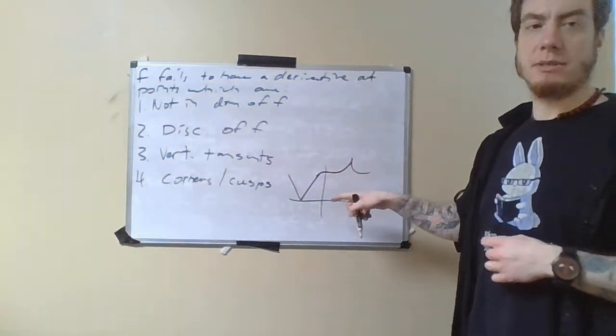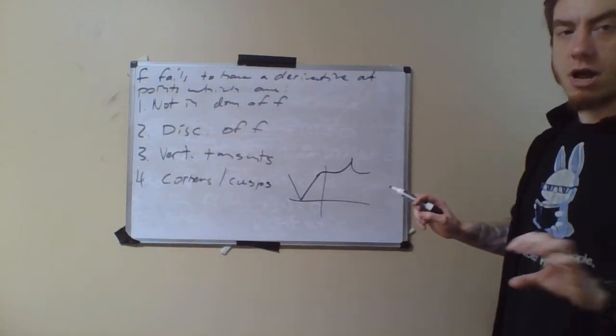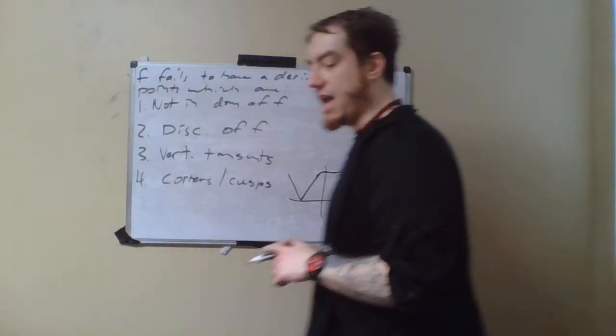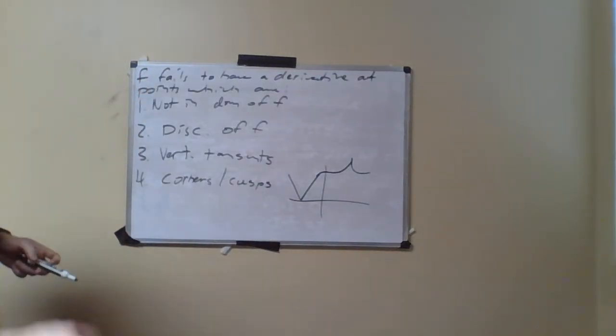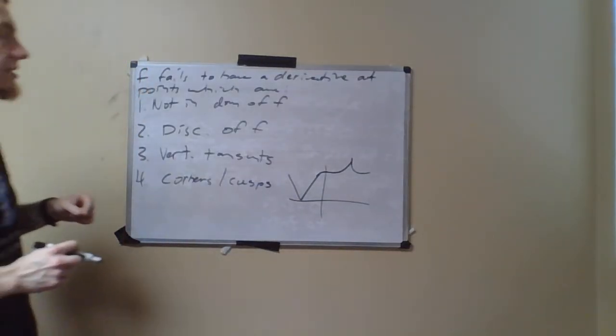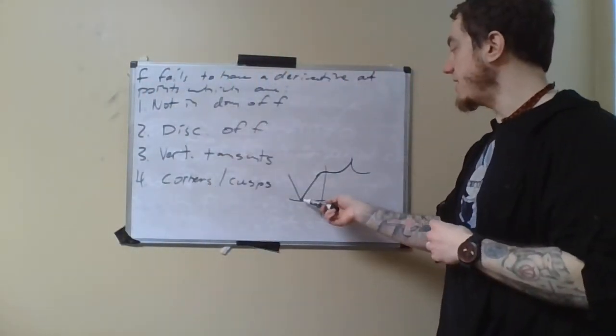Those are the kinds of things I'm talking about. Sharp points, those mess with whether or not you have a derivative. And one way to see that is to notice what happens in these kinds of cases.